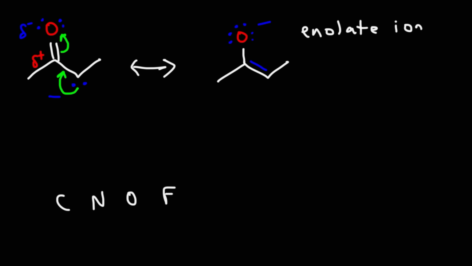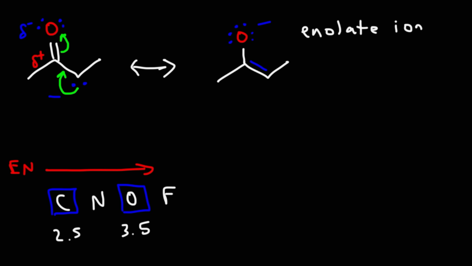So here's carbon and here is oxygen on a periodic table. They both exist in the second row. And electronegativity increases to the right towards fluorine. Oxygen is more electronegative than carbon. Here are the EN values for that. So because oxygen is more electronegative, it can better handle that negative charge.